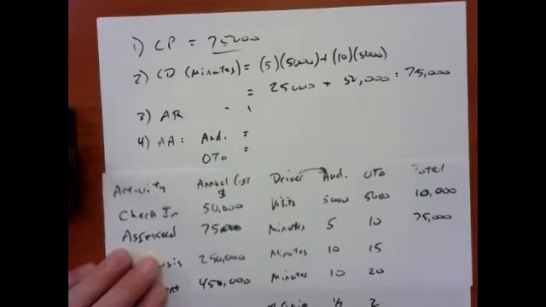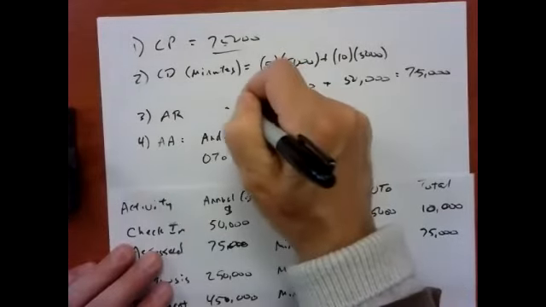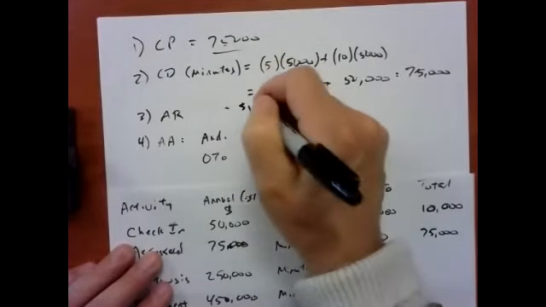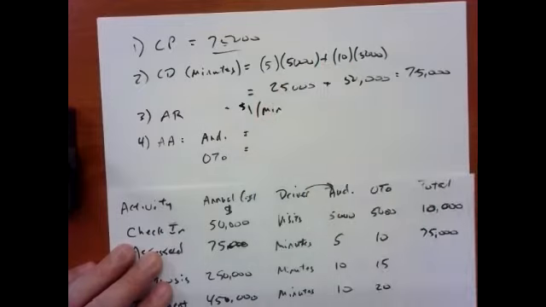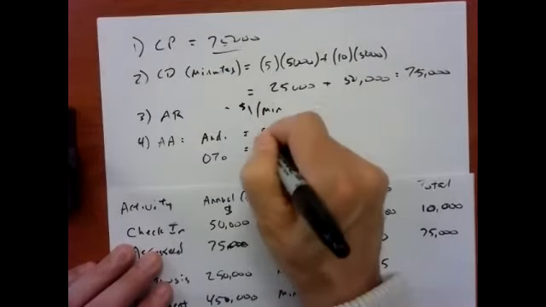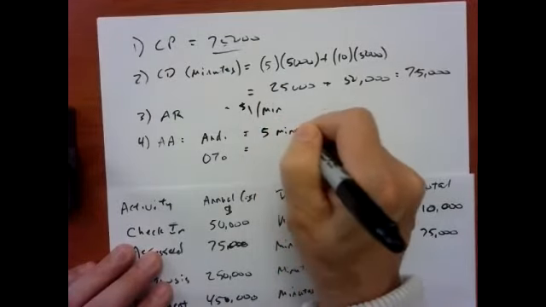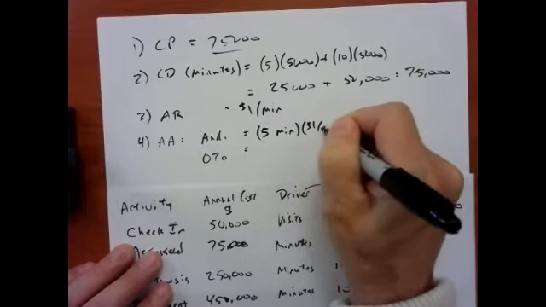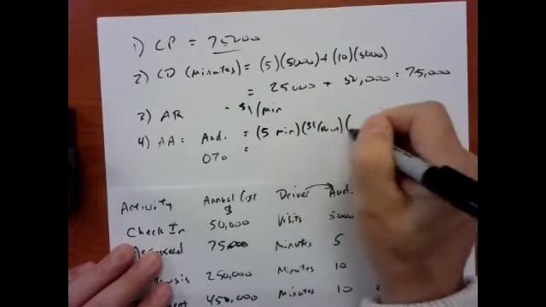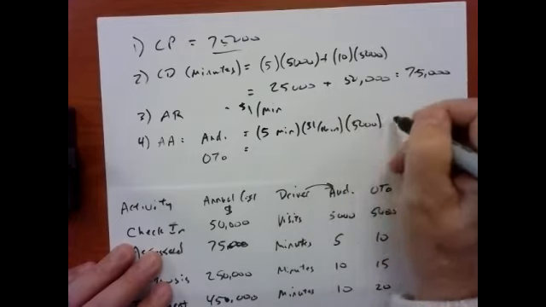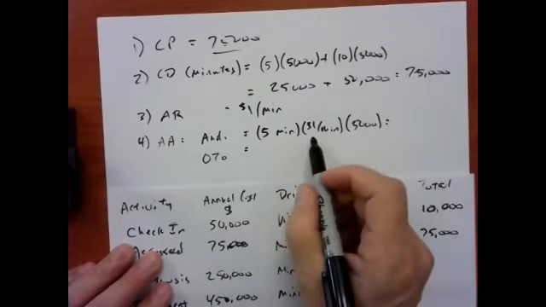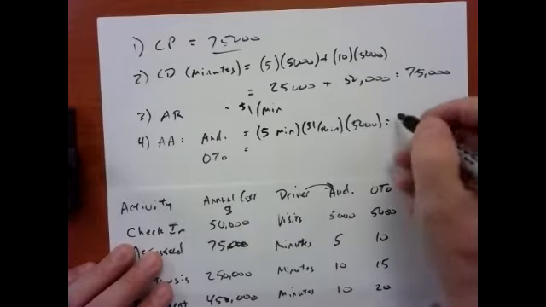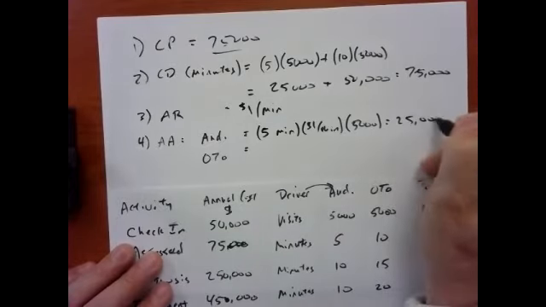I'm getting a little ahead of my example, but I'll do it here just so you can kind of see what's coming. It's $1 per minute. Audiology is 5 minutes per visit times $1 per minute times 5,000 visits. Right, so we get 5 times 1 is 5 times 5,000 is 25,000.